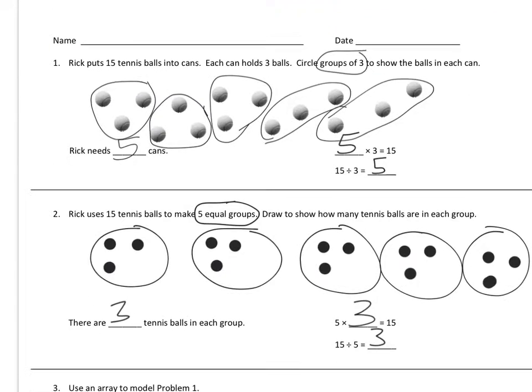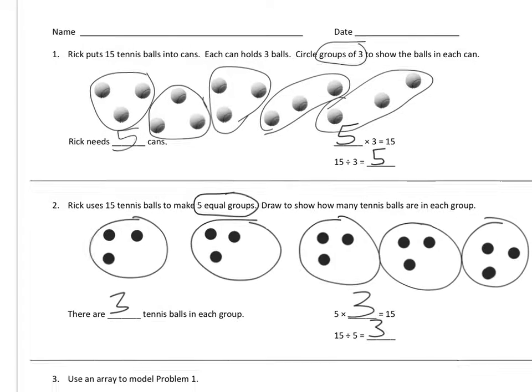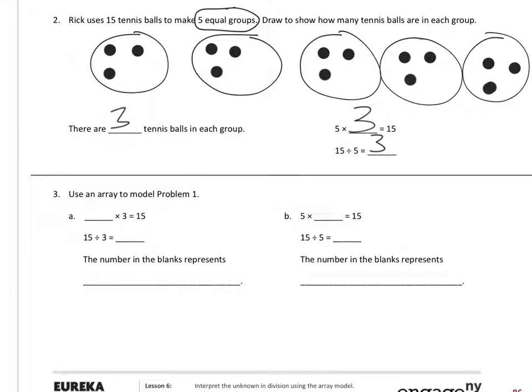Let's look at problem number 1. We had blank times 3 equals 15. What did we fill in that blank? 5. 5 times 3 equals 15. I can count by 3's 5 times and get to 15, or I can count by 5's 3 times and get to 15. Then, 15 divided by 3 equals blank.